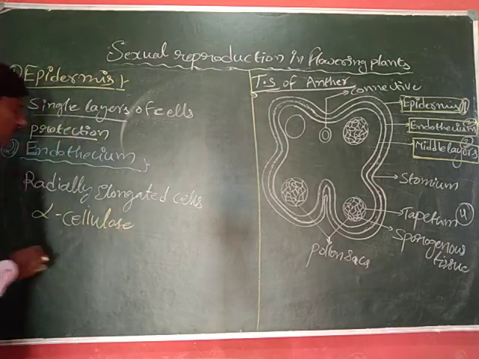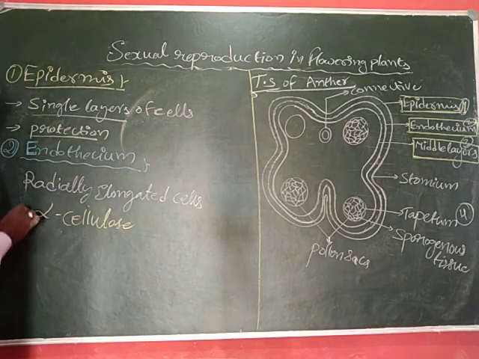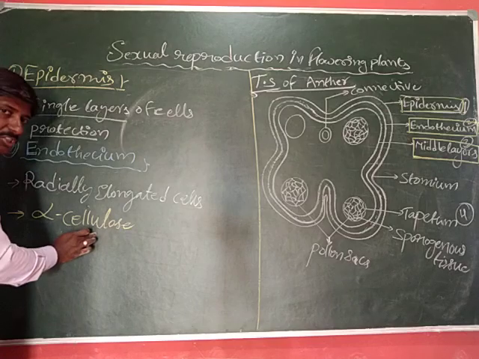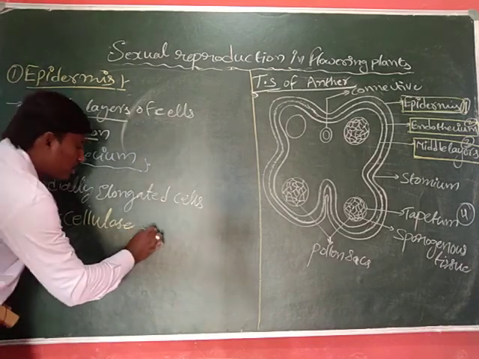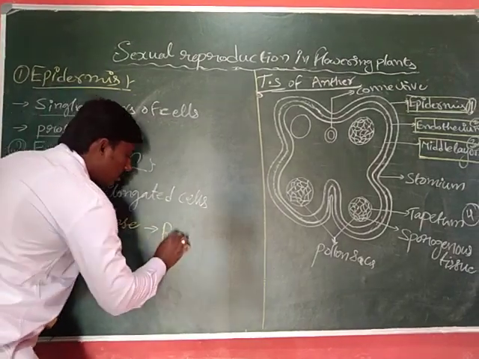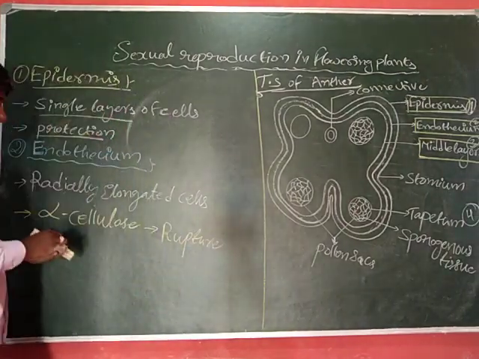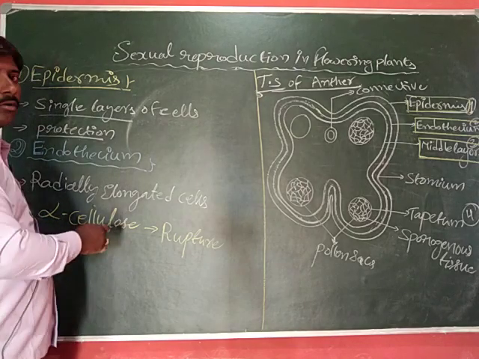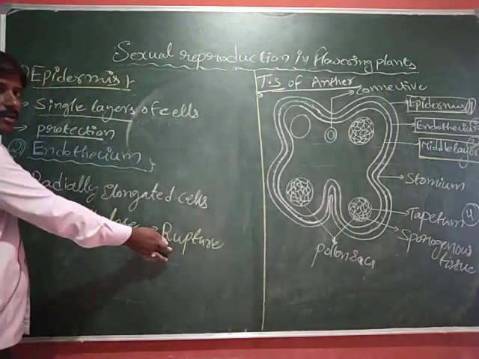Due to the presence of alpha cellulose in the endothecium, it helps in the rupture of the anther. Rupture means breakdown or splitting of the anther.